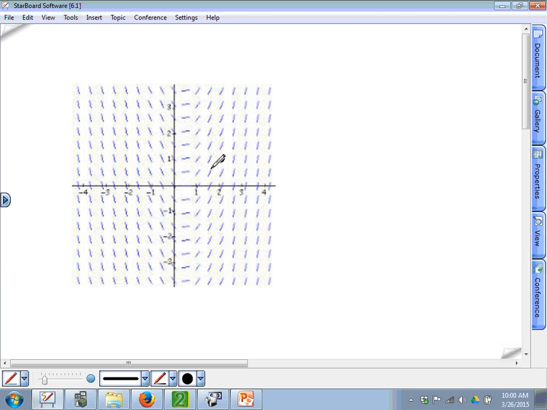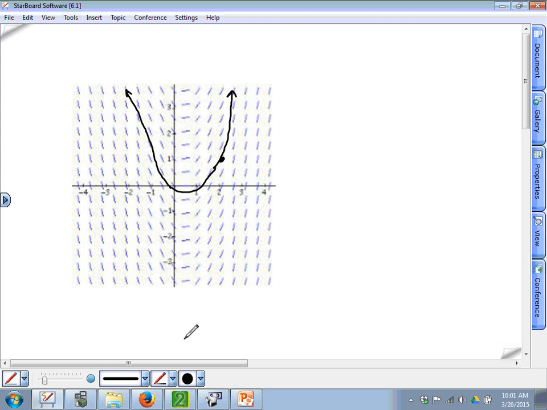Does that make sense? So going through here, you see how that curve follows the slopes of those lines in between? And if you continue it to the left, following the direction of the slopes. All of this slope field is a general solution, but this one I've drawn here would be a particular solution through that point.